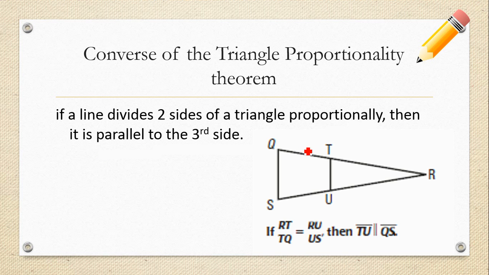So if this piece was 10 and this piece was 20 and this piece was 14 and this piece is 28, if you can see that same proportional relationship, oh, 20 is twice as much as 10, 28 is twice as much as 14, then you can conclude that these lines were in fact parallel.